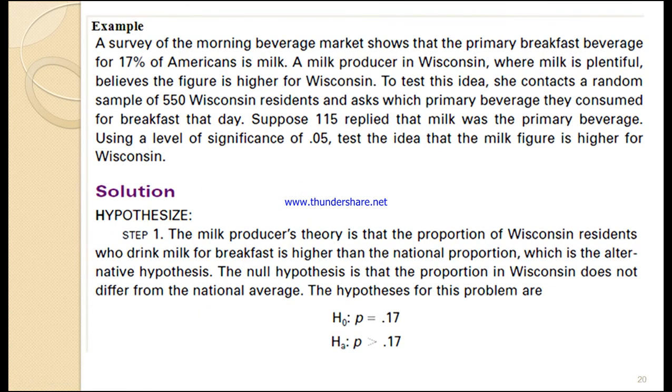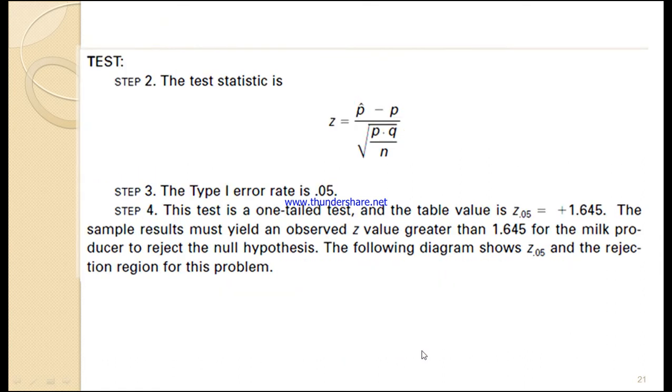The test will be two-tailed only when in the alternative hypothesis the sign is not equal. But whenever the sign in the alternative hypothesis is either greater than or less than, the type of test is one-tailed. Therefore, in our problem, the type of test is one-tailed.